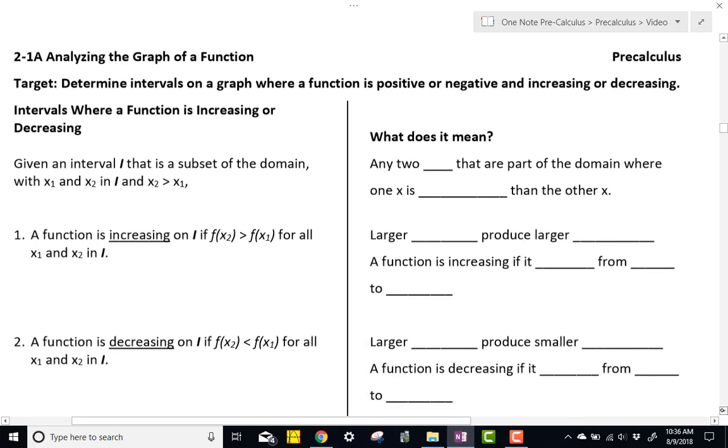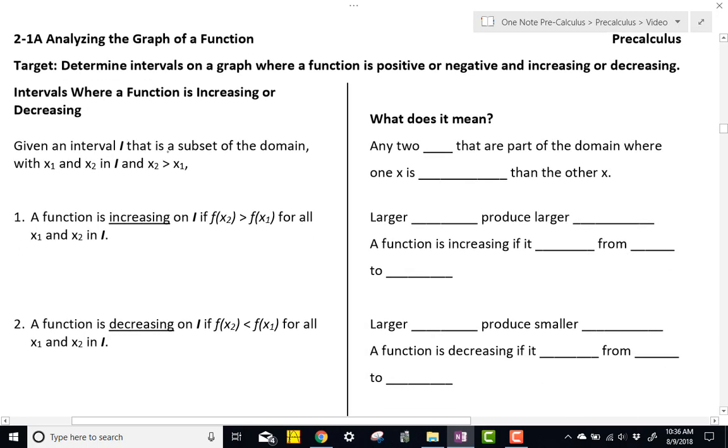Now, while we're talking about intervals here, we're going to talk about where a graph is increasing or decreasing. Given an interval, and we'll just use the letter I, that is a subset of the domain. Don't worry about what that means, we'll get there in a second. With x1 and x2 in the interval.